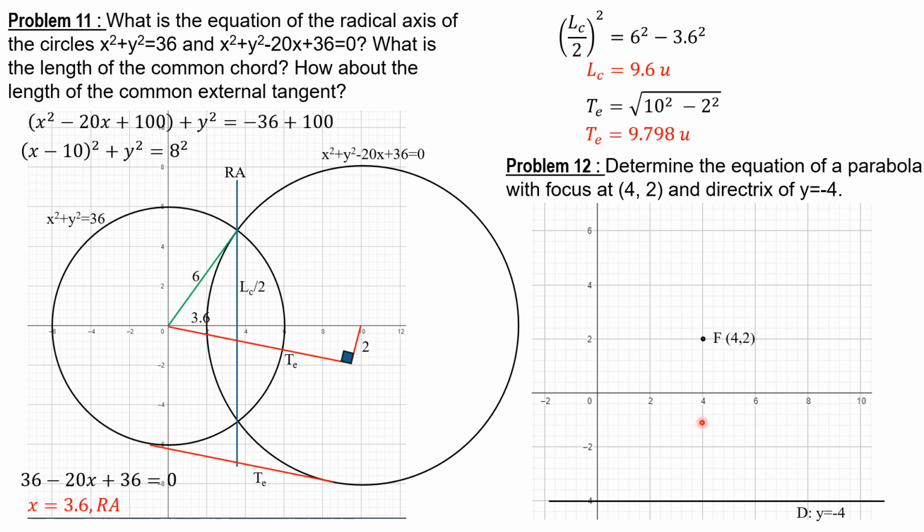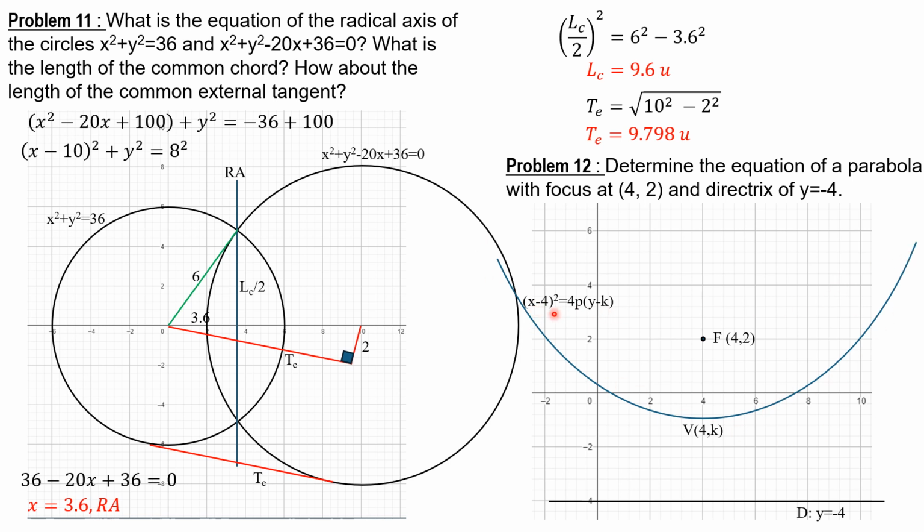And this point is also (4, -4). The vertex is the average, (4, k). Let's call that (4, k) the vertex. But k is the average of 2 and -4. 2 plus -4 divided by 2 is -1. So this is the expected equation of the parabola. It is open upward.